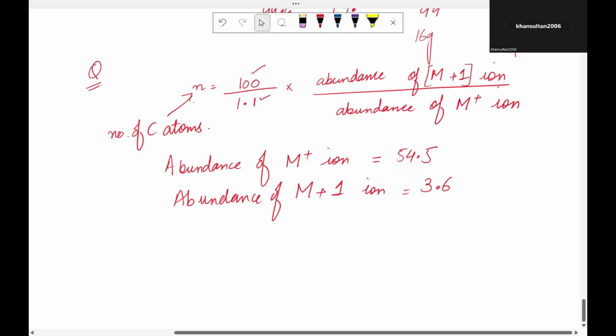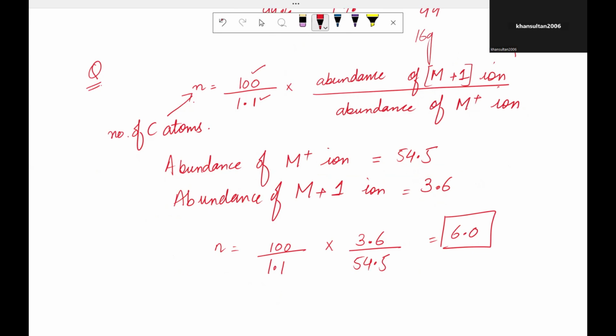Is that clear? So n would be equal to 100 divided by 1.1 multiplied by 3.6 over 54.5, and that would be equal to 6.0. Is that clear?